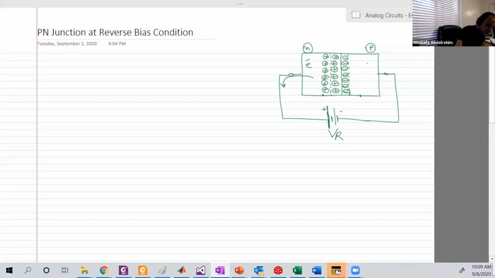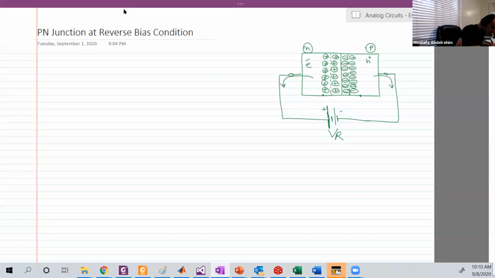The same here: since we have holes, which are positive, some of them will be attracted by the negative terminal of the battery and absorbed there. And for each hole that leaves the P type, a negative ion will be created. That's why the depletion region will increase.